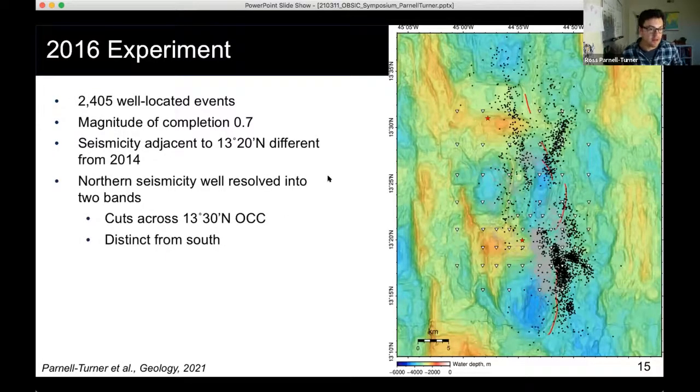So during that just short of 11-day period, we detected nearly 2,500 microearthquakes. As you might expect, magnitude of completeness wasn't as low, but still down to around 0.7. And on the map on the right, you can see these little black dots are those events that we detected in 2016. And on top of that, you can see that the 2014 events are plotted in gray.